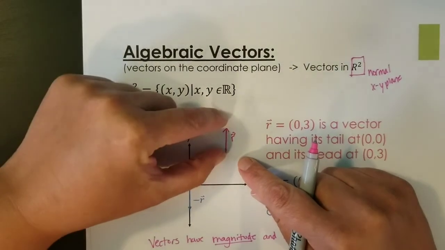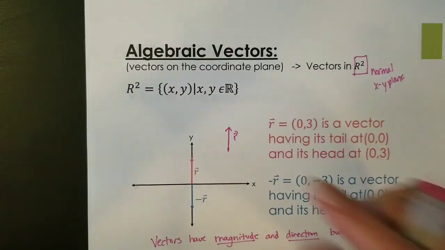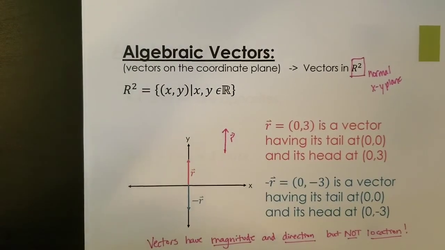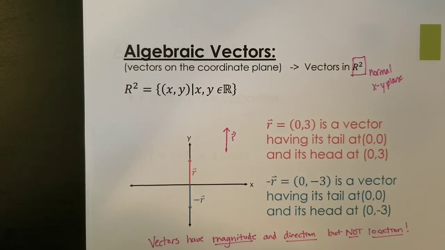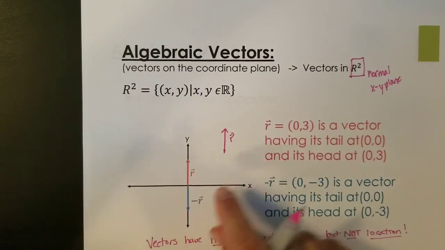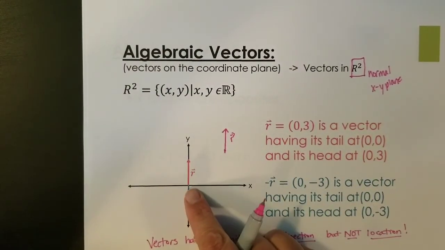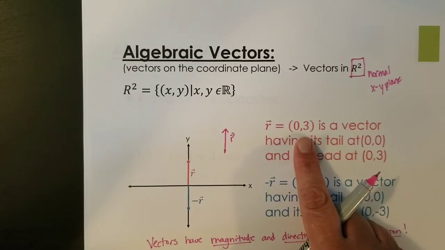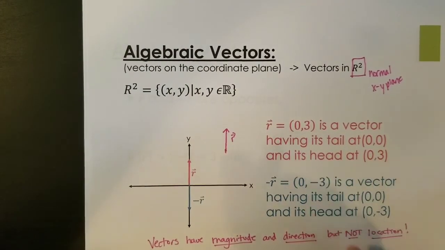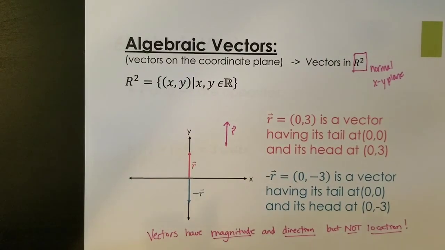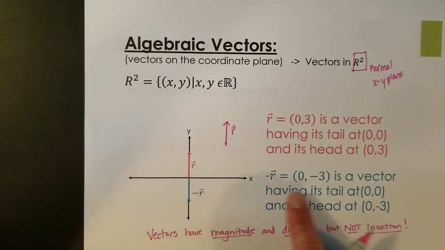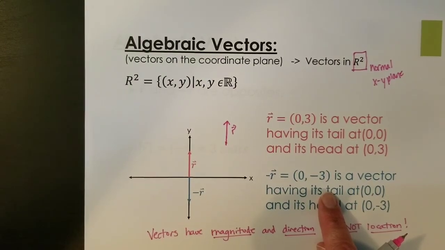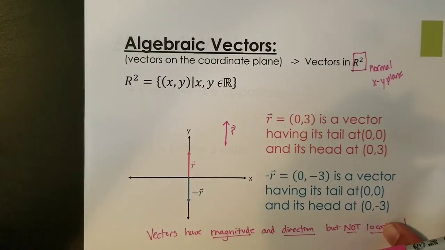But this vector could be drawn up here, and it's actually the same vector, so we don't have a location associated with it. For ease of use in algebraic vectors, we default to reorienting these to start at the origin, because then we can define them with a point, the point where the vector would end when it starts at the origin. We would have a negative vector as well, represented by the vector with the same magnitude going in the opposite direction.